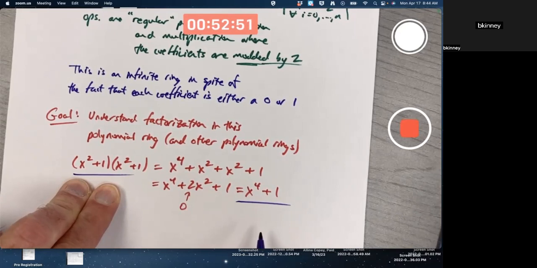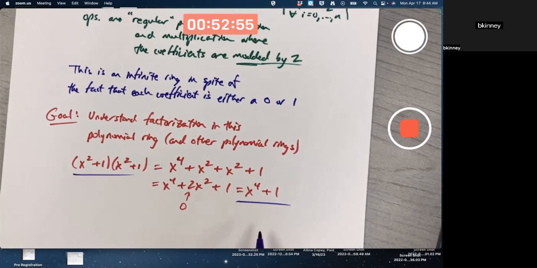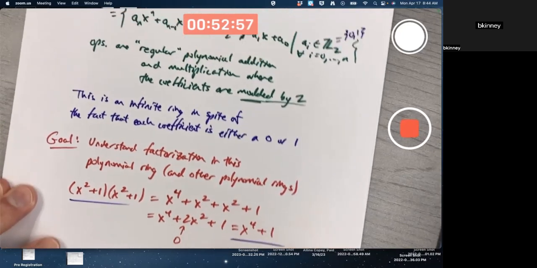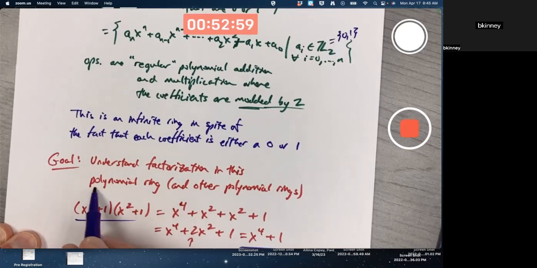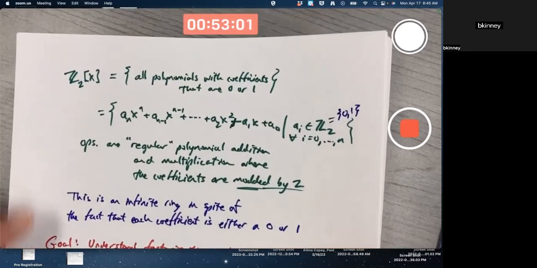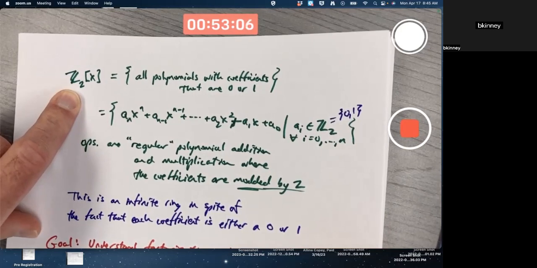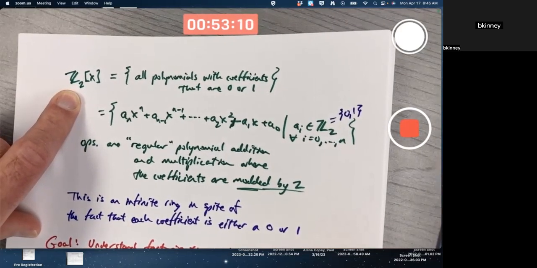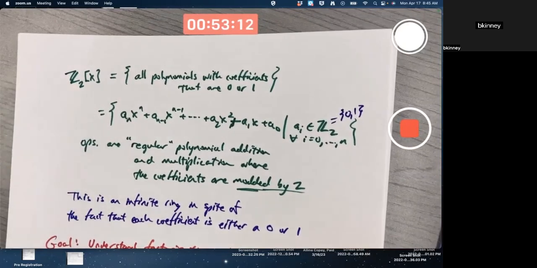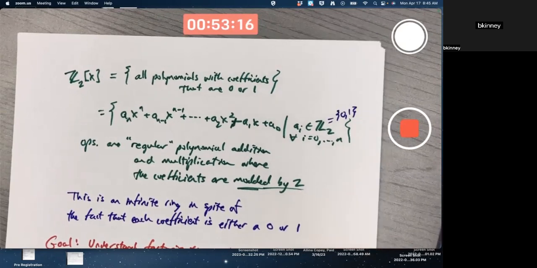Now you might wonder, why do we care? And that answer will be revealed as well. Factorization in this polynomial ring, as well as other polynomial rings that have coefficients coming from Zn, like Z3[x] and Z4[x] and Z5[x], etc., is going to be helpful in the end for learning about factorization that you're used to, where you're not modding the coefficients.